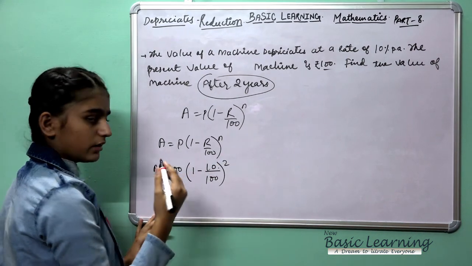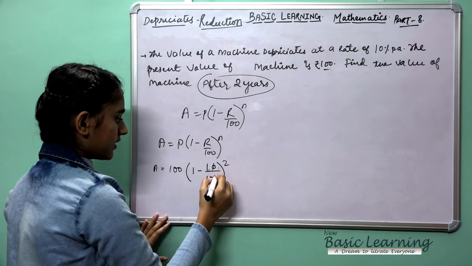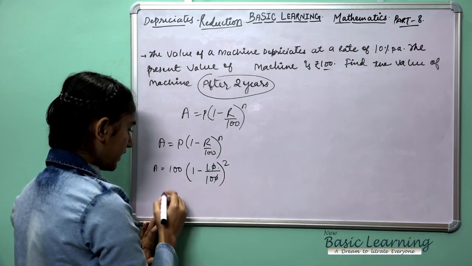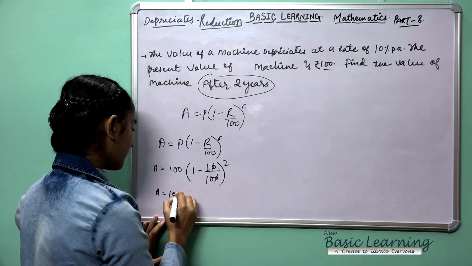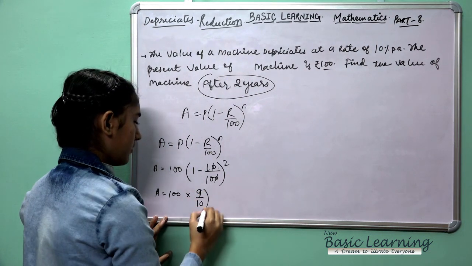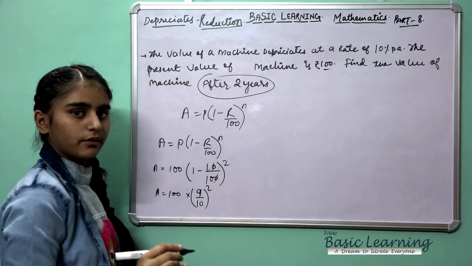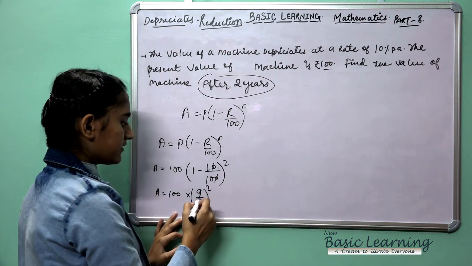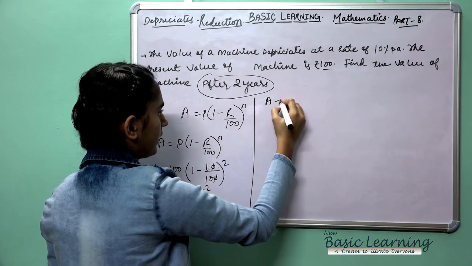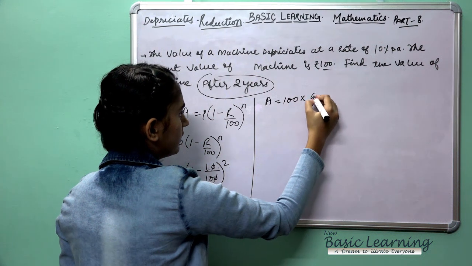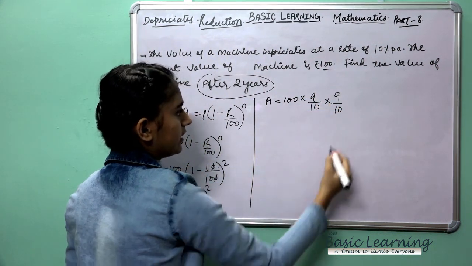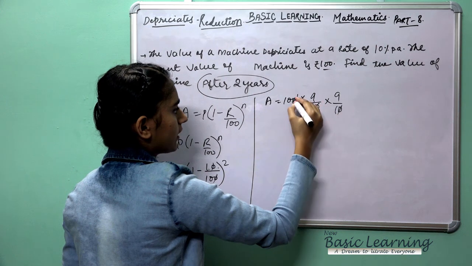Now you can easily cancel the 0 with the 0. Taking the LCM, 10 ones are 10, minus 1, that gives 9. Amount equals 100 times (9 upon 10) whole square. Now you have to calculate this 2 times: amount equals 100 into 9 upon 10 into 9 upon 10. 0 cancelled by 0, 0 cancelled by 0.